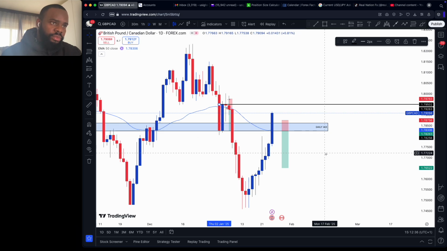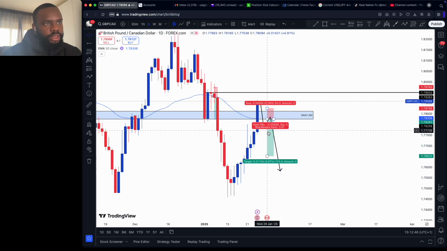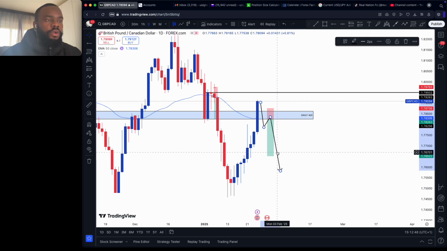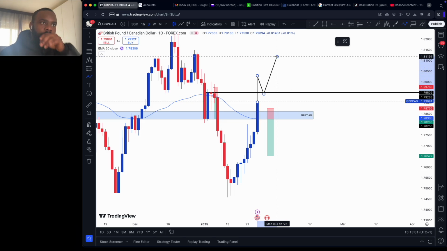What I've still been waiting for is a close below the structure, then a retest to sell GBP CAD. If that doesn't happen, and we close above, I'll wait for the daily candle to close above, then retest to buy the market.